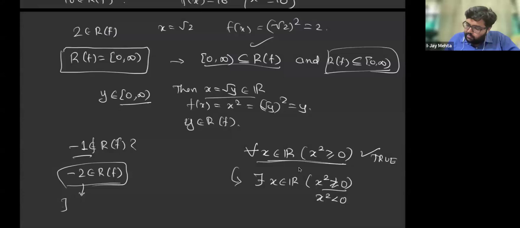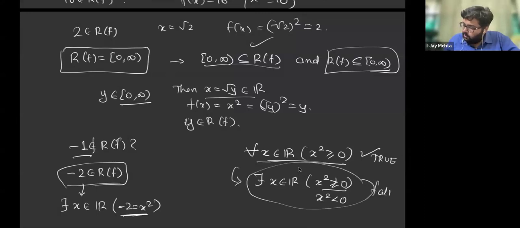This means that I need to find x. There exists x in R such that minus 2 equals x square. X square is negative. But we just said this is false. We know this is true, right? So x square cannot be negative. So that means what?